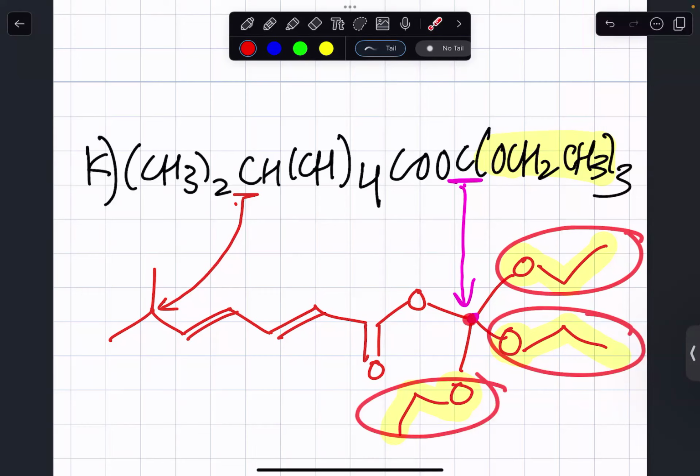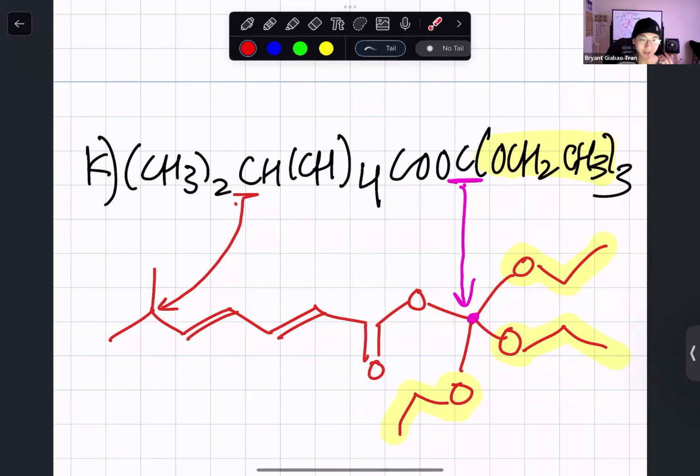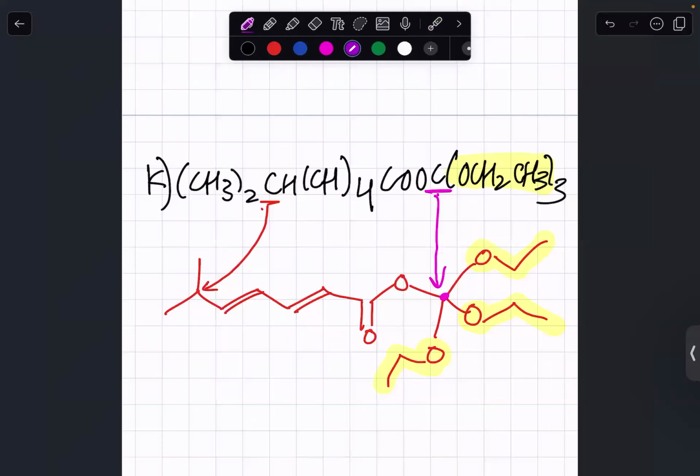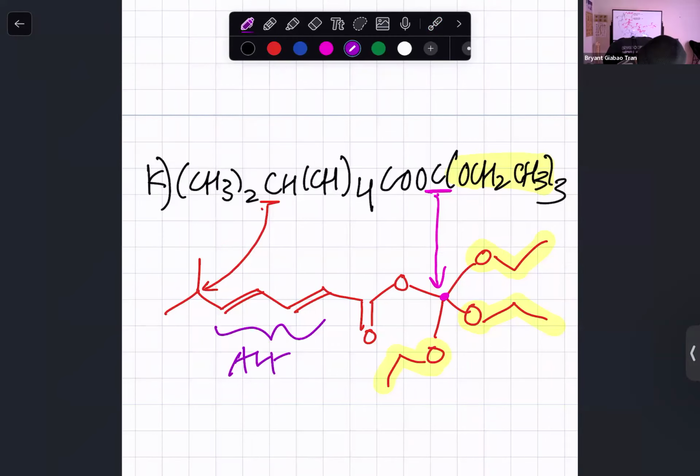Okay, that makes sense. Thank you. Yeah, so there are three different functional groups here. What are the three different functional groups here? Well, we have double bonds, so that would be considered an alkene. That's one unique one. There are two more unique ones.